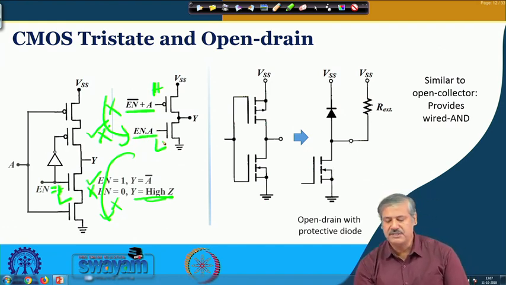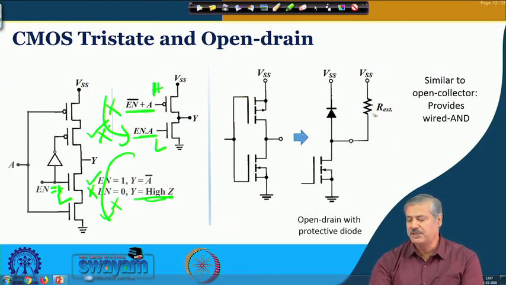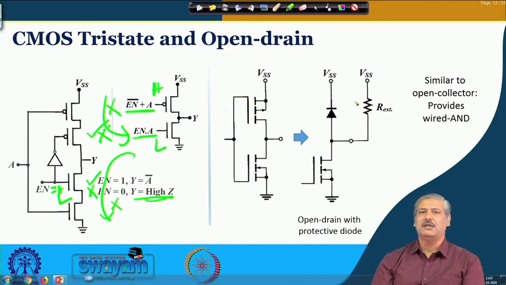And this is open drain. So, open drain, how does it work? Similar to open collector. The only issue is that this PMOS is now replaced by the external resistance, the pull up resistance, and there is a protective diode which is used in these particular cases. In CMOS circuits, these protective diodes are there in input stages as well to avoid surges, okay, because the static voltage is a very problematic thing in CMOS based circuit.